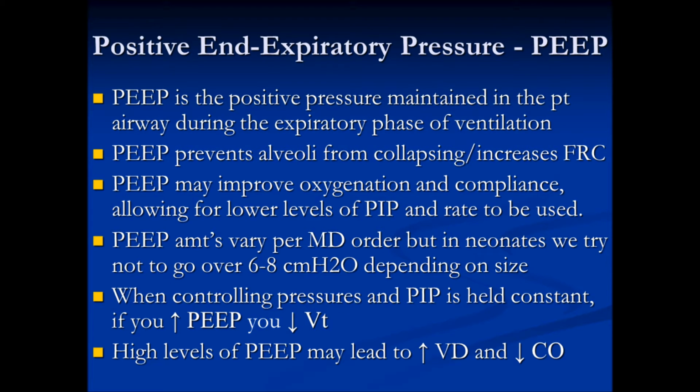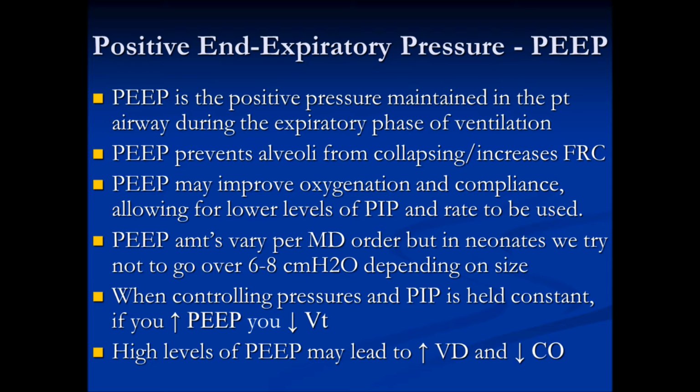With positive end expiratory pressure, otherwise known as PEEP, it is the positive pressure that is kept in the airway during the expiratory phase of ventilation. Figure 14-2 in your textbook gives a good depiction of the positive pressure that's kept in the lungs during expiration.